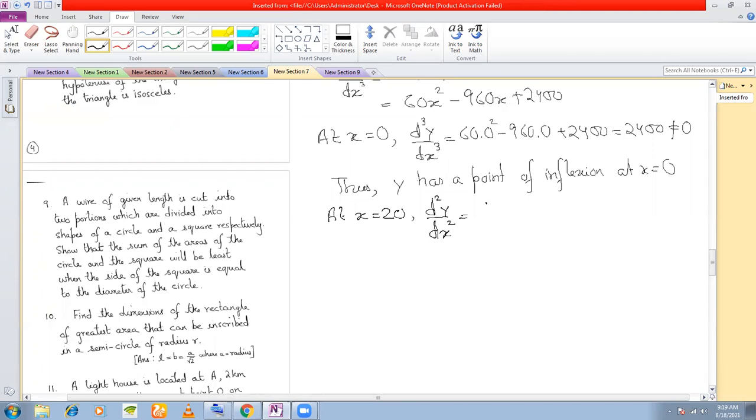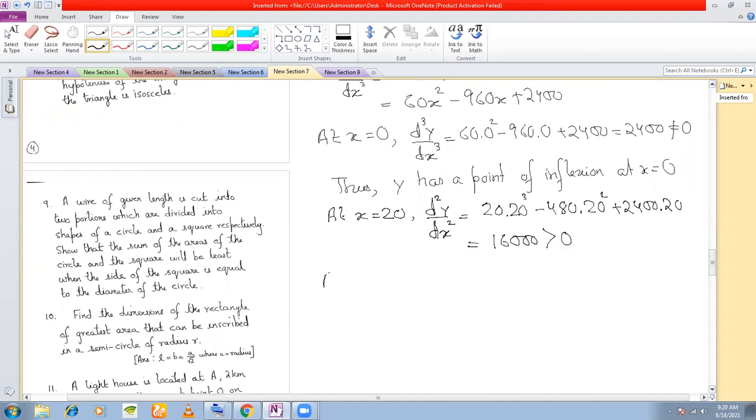You get 20 into 20 cube minus 480 into 20 square plus 2400 into 20. Okay, this you will get as 16,000, which is greater than 0.